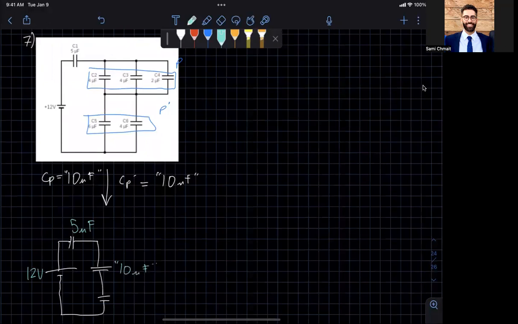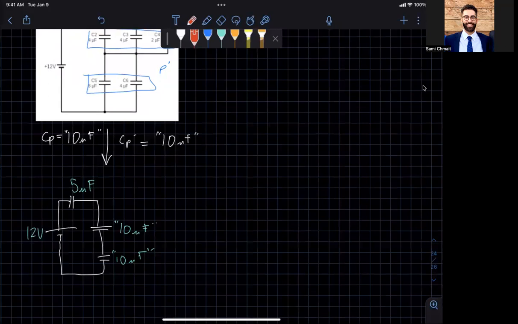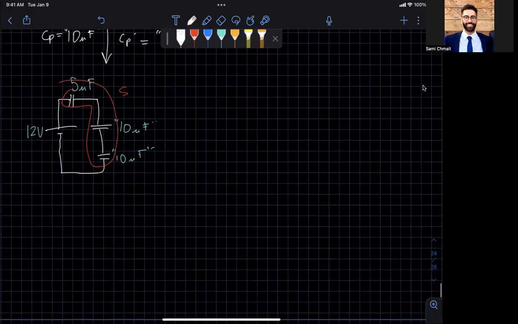And then what's the relationship between all these capacitors? Yeah, they're all in series. So what do we do with capacitors in series? We do that inverse addition. So 1 over CS is equal to 1 over 5 plus 1 over 10 plus 1 over 10.